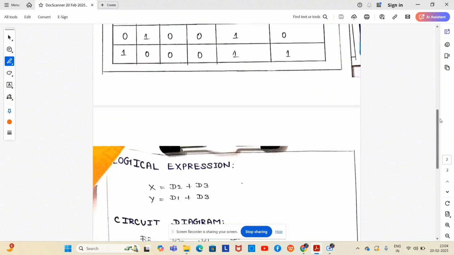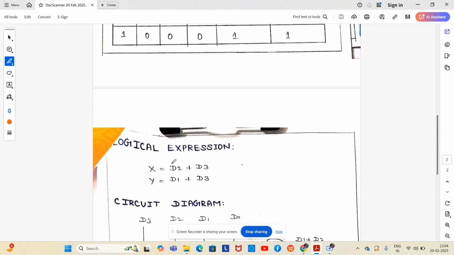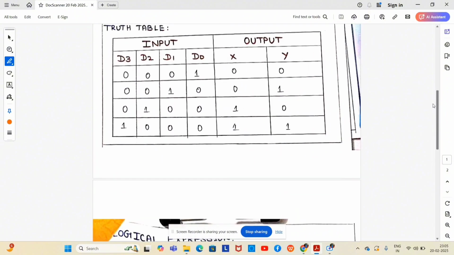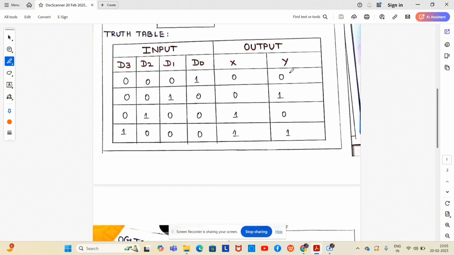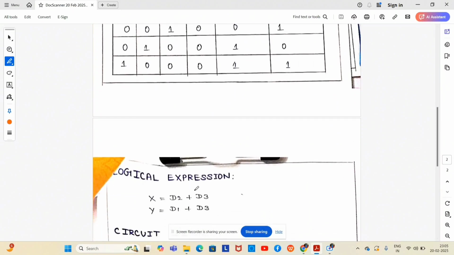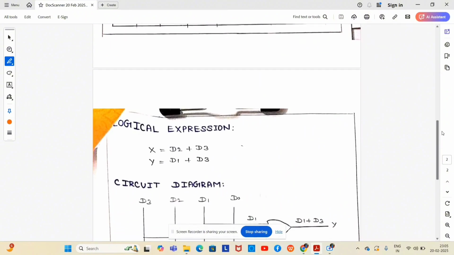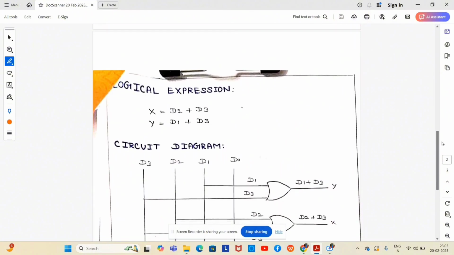And Y gets 1 when D1 plus D3. So this is the logic expression for 4 is to 2 encoder.